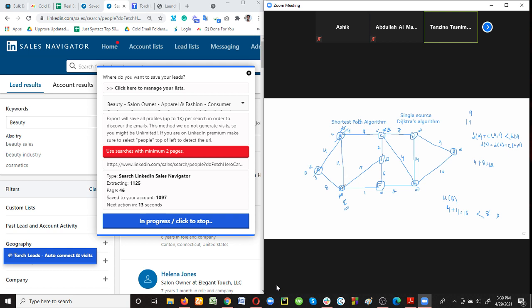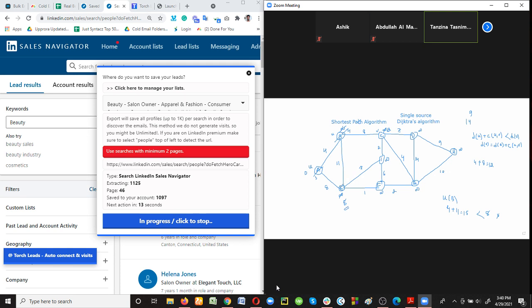Now this node E has how many adjacent vertices? Four adjacent vertices: A and B, I and F. But A and B are already visited, so we'll not take these two vertices. Now from E we'll consider vertex I and the other one, F. We'll apply the same rule here.